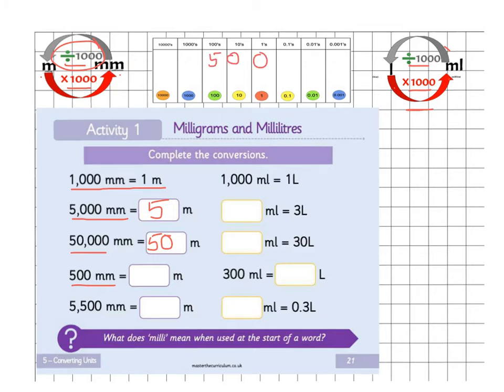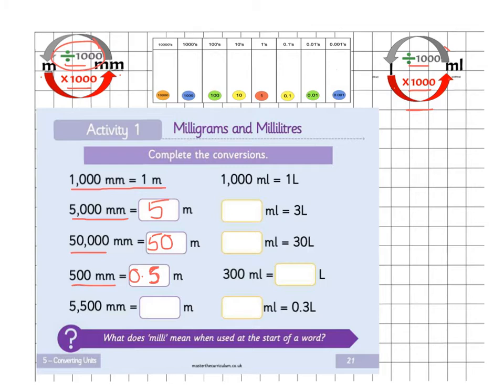I'm still dividing by 1,000. 1, 2, 3, and it's 0.5 metres. And then 5,500. Again, you could use your place value board here to help you.